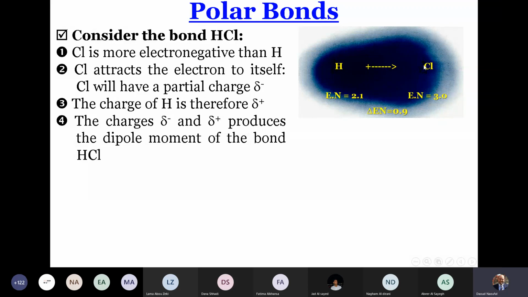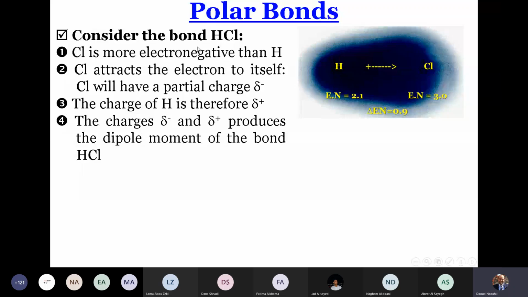And when H is bound to Cl, the bonding electrons between H and Cl will also be in a certain place where the probability to find these bonding electrons is maximum. So this is a representation of the probability of presence of electrons in the molecule HCl.